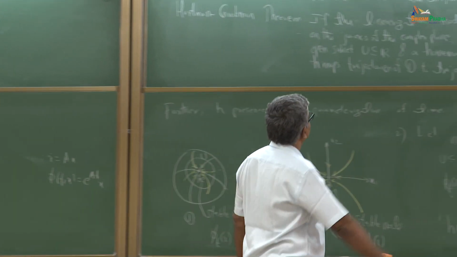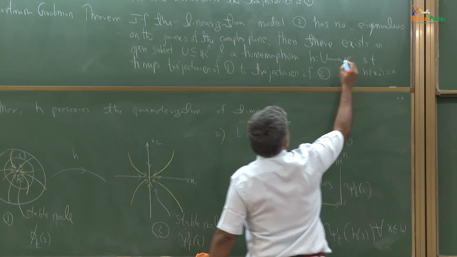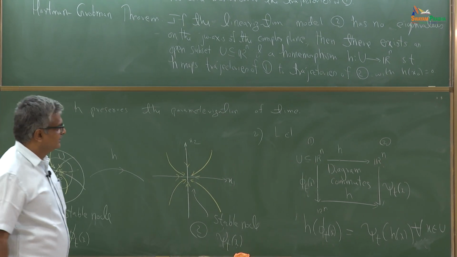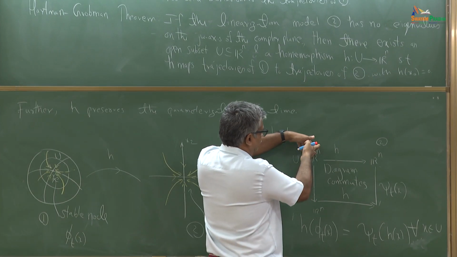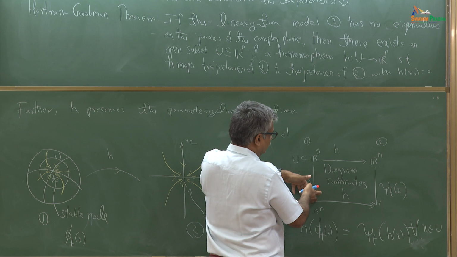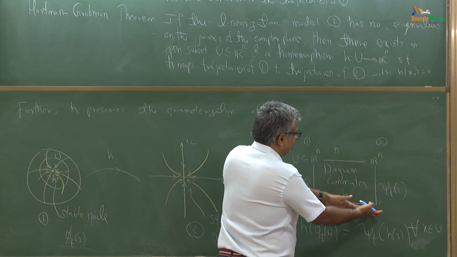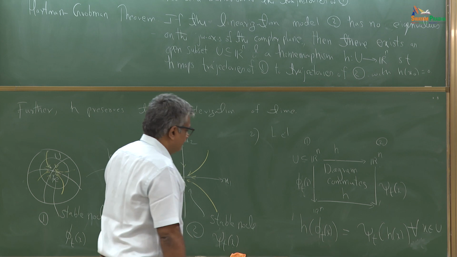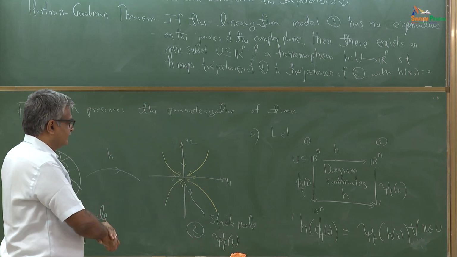Rn, yeah. This also. Yeah, thanks. Right? So you take a point, right? You go along the flow and apply H, or you apply H and then go along this flow, right? So this is what it says.